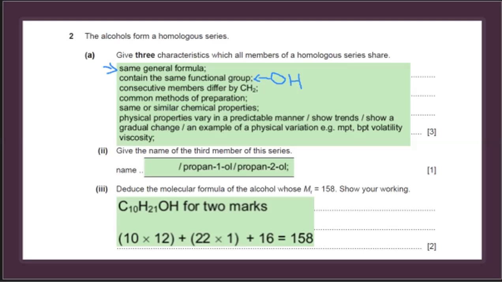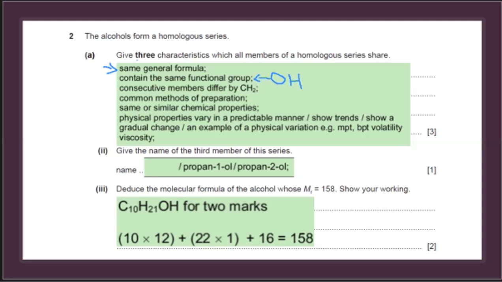This would be referring to melting point, boiling point, volatility, viscosity. They would all show a gradual change, because as you move from methanol to ethanol to propanol to butanol, more and more carbons are being added to the structure. And in so doing, the physical properties of that compound gradually change, right?